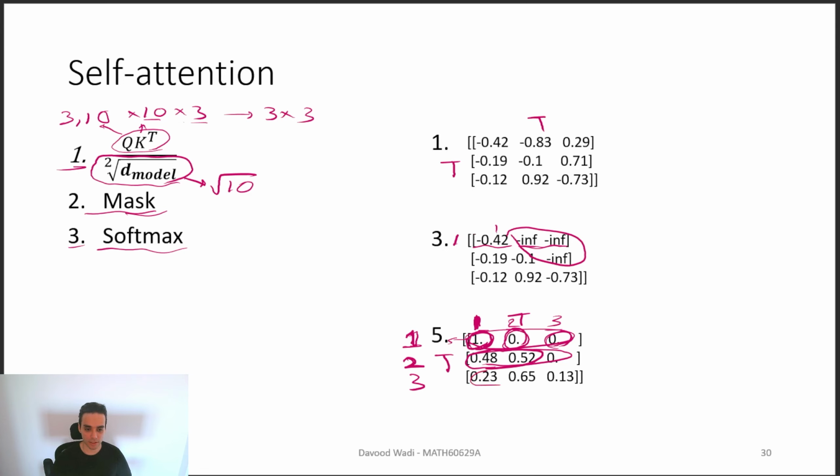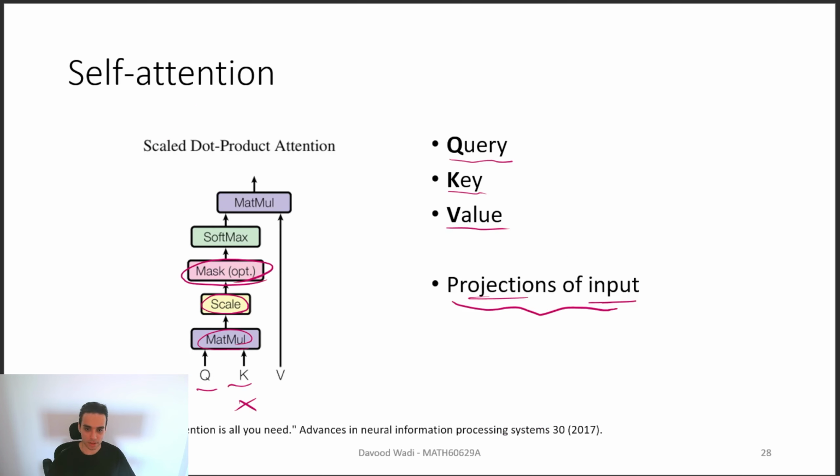And for the third word, we can look at all the 3 words in the input. So these are the amounts of attention. The softmax is calculated at the final dimension, or the column. And that's how we get the results up to this point.